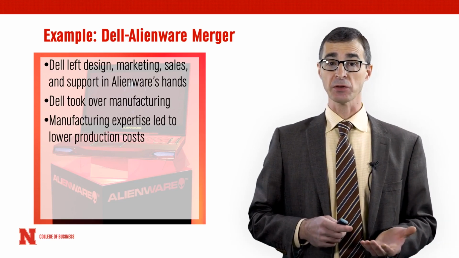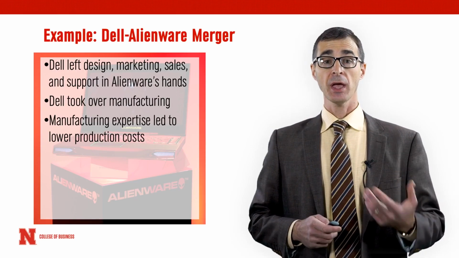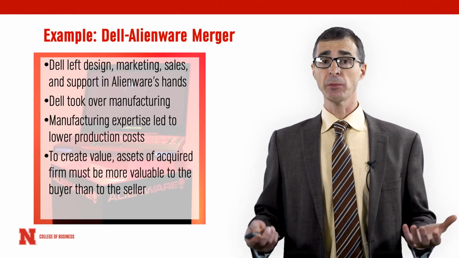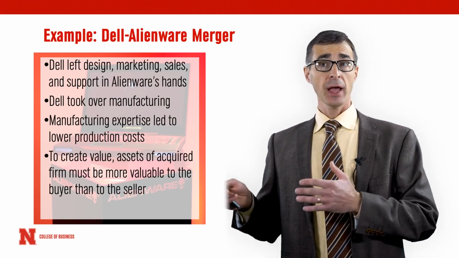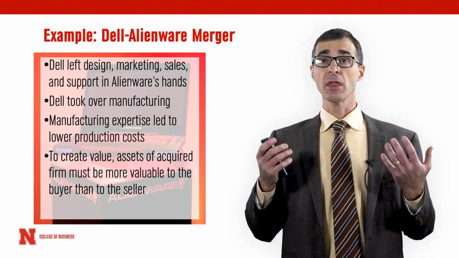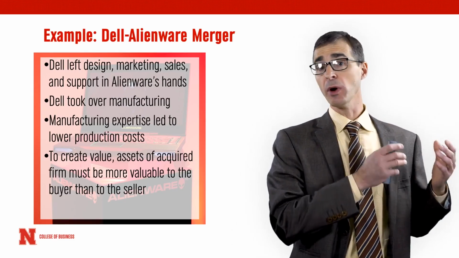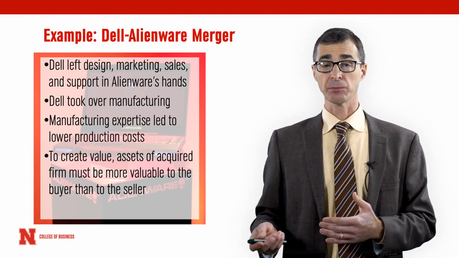The manufacturing expertise at Dell did lead to substantially lower production costs, and as a result, value was created. Remember, to create value in the instance of a merger, assets need to be moved from a lower to higher valued use, and in this case, that means that assets must be valued more highly by the acquiring firm than they were by the selling firm.